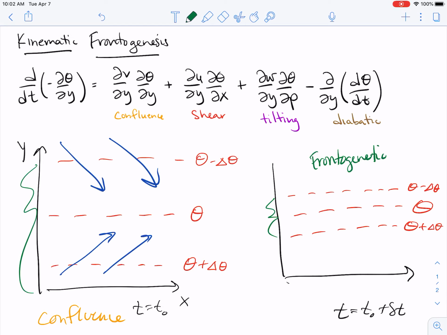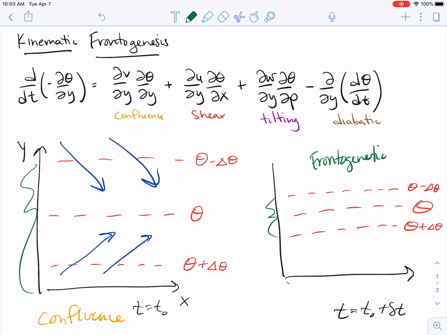If we were to reverse this process and have diffluent flow, what do you think would happen? Correct. In diffluent flow, we would have our air moving out such that it would weaken our temperature gradient, such that that would be a frontolytic process. So that's it for confluence.